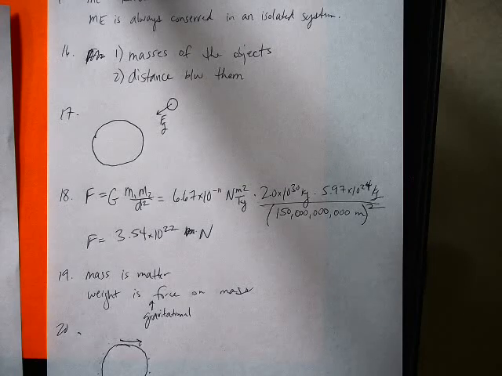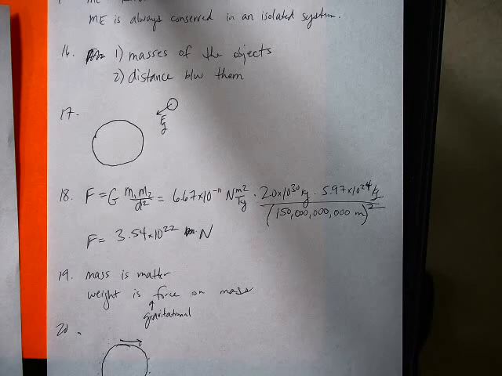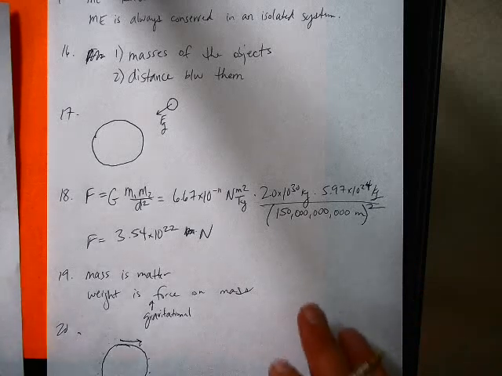So they're constantly falling toward the Earth. It's just that the spaceship is falling with them, and they're going so fast laterally that they're moving with the curvature of the Earth. So that's kind of how we do number 20.